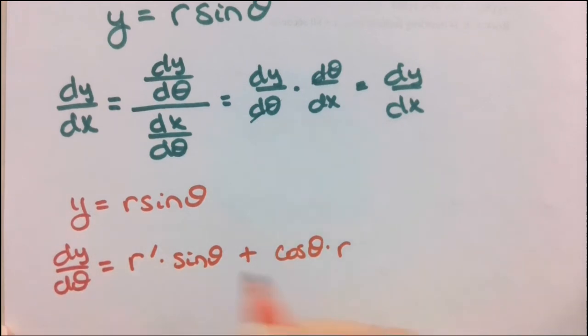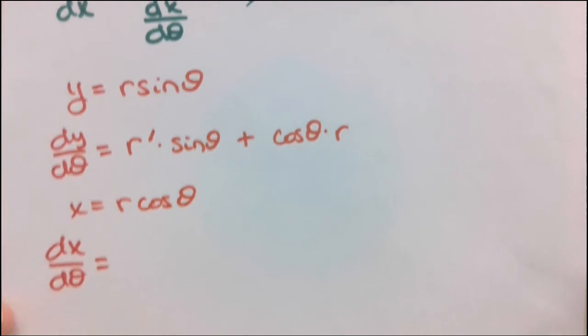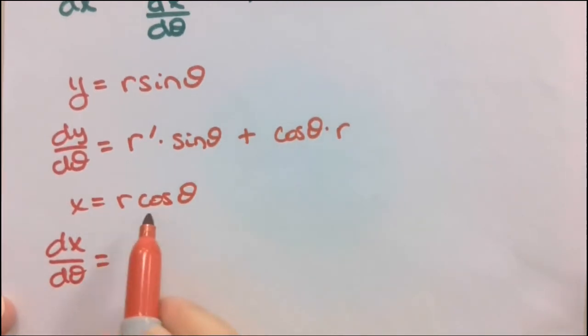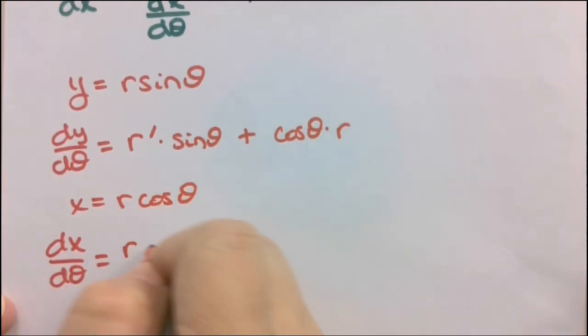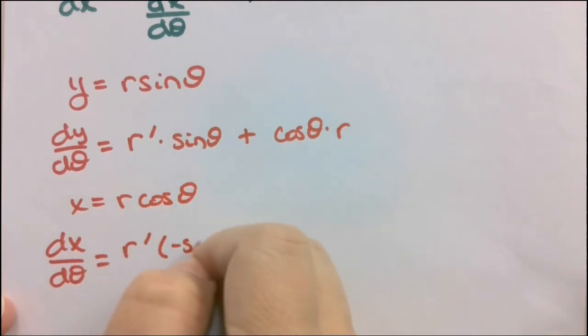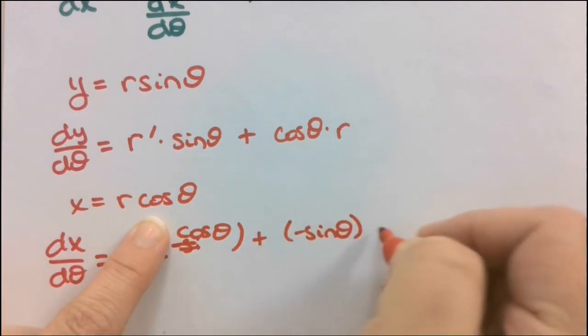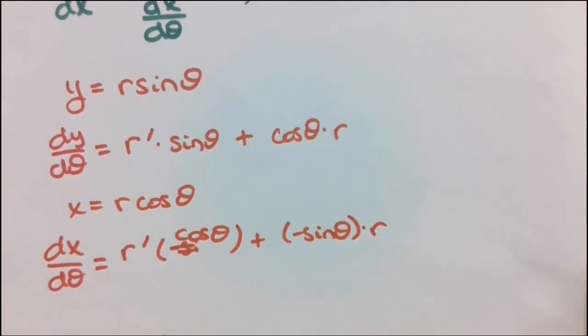And then likewise, if x is equal to r cosine theta, dx/d theta, we would also do product rule with r cosine theta. So that's going to be r prime times cosine theta plus the derivative of cosine, which is negative sine theta, times r.